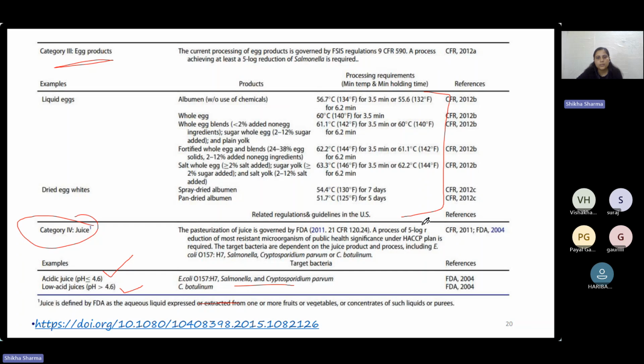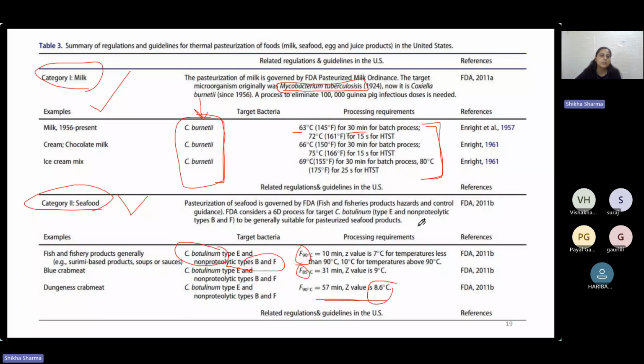In industry, low count reduction terms are used mainly for pasteurization, or for any treatment like sterilization, and sometimes in UHT and aseptic processing also. So these are just examples, so you can relate better in terms of industries also.